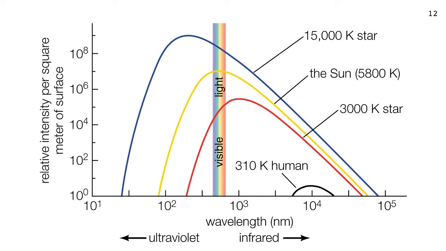Now, down here, nested all the way down here, is a human being at 310 Kelvin. That's us, guys. All right? And so we're in the infrared. Notice that we're way down the scale. Square meter for square meter, you're not putting out as much energy as that 15,000 Kelvin star. And you're not putting out hardly anything in the ultraviolet.